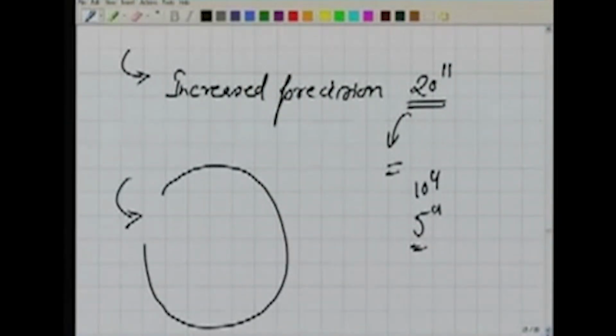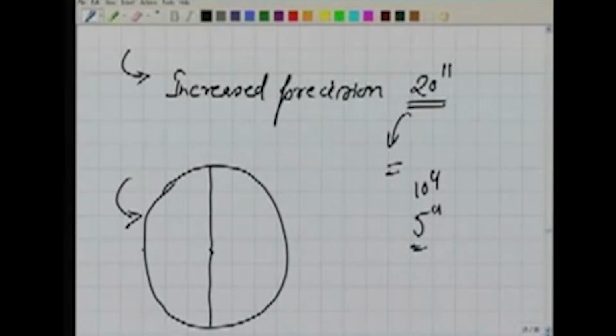But for example, one error: let us say this is our graduated circle, the horizontal one, the lower one. Ideally speaking, the graduated circle should be graduated in a very uniform way. Uniform means all these graduations should be equally apart.